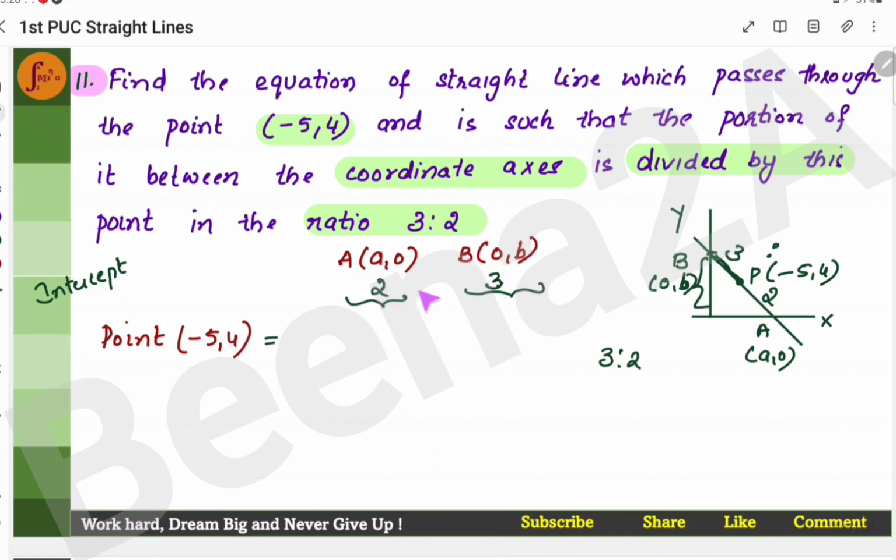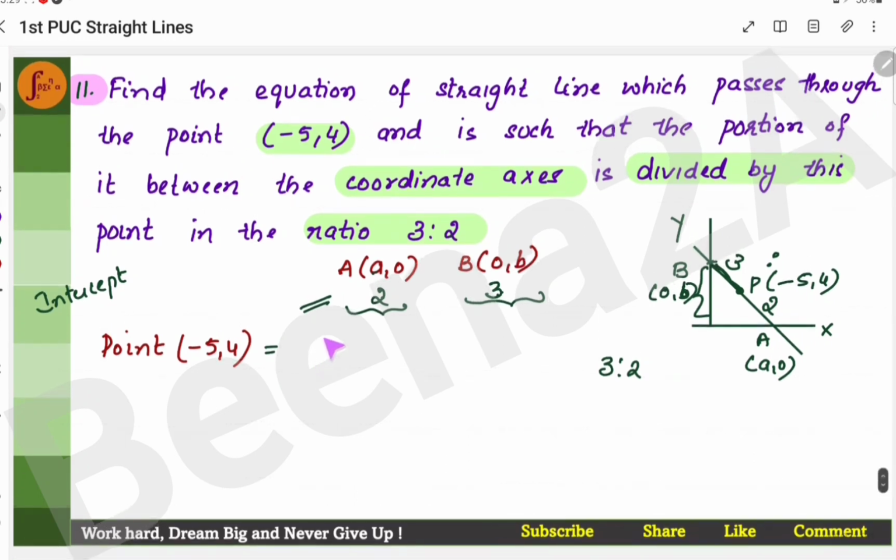Follow this order. Don't make it reverse. Just try to remember and practice this portion. For the x-intercept where a is, put 2, and here you put 3.